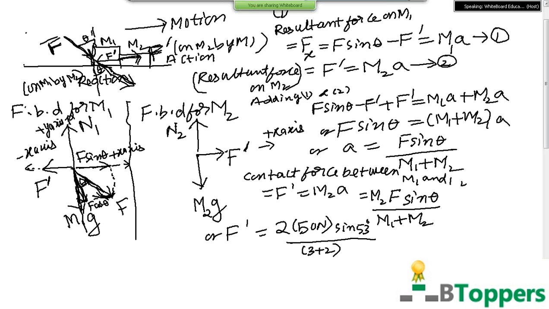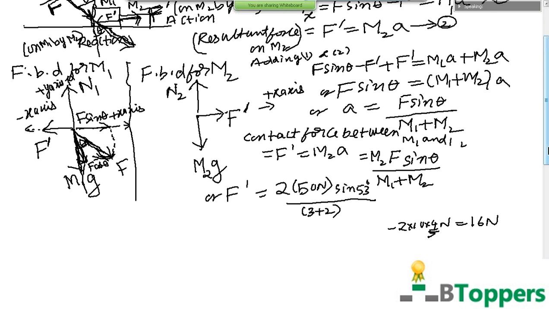You can simplify that yourself and get the answer. So 2 into 10 into 4 by 5 newton, that comes out to be 16 newton. So the answer for the first part of the question is 16 newtons.